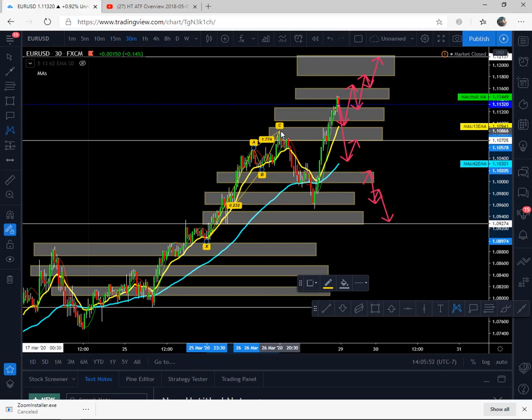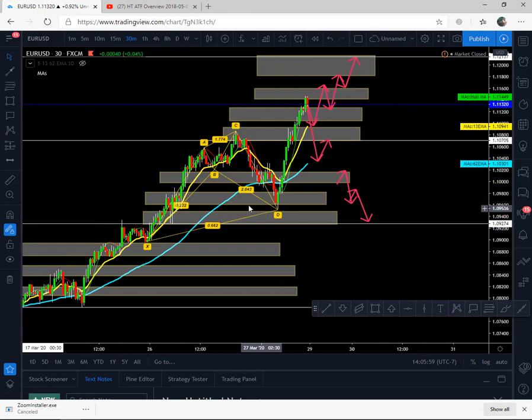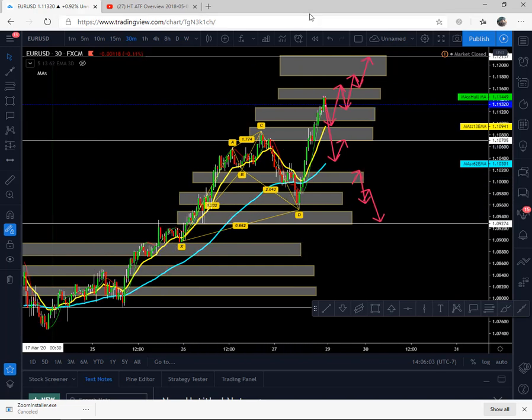The C breaks the A structure, and this will be my D. And then price went up after this.